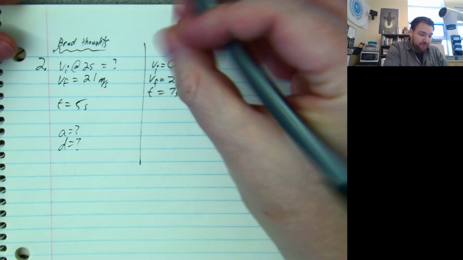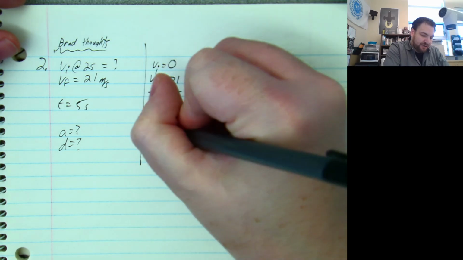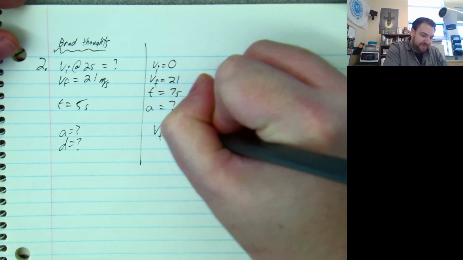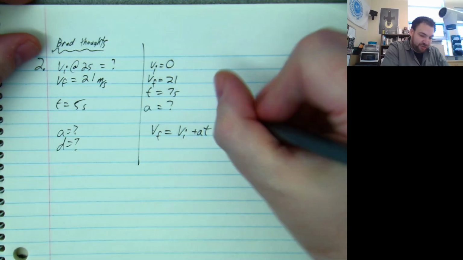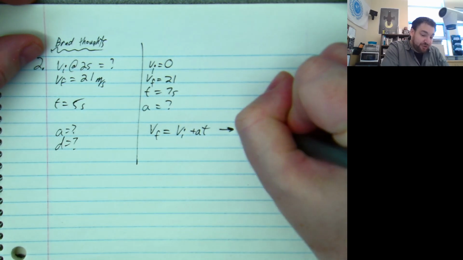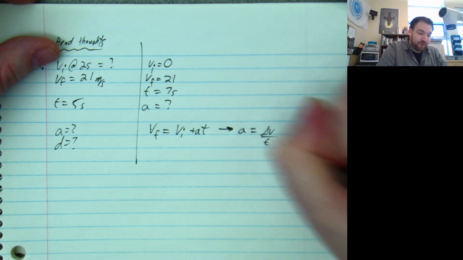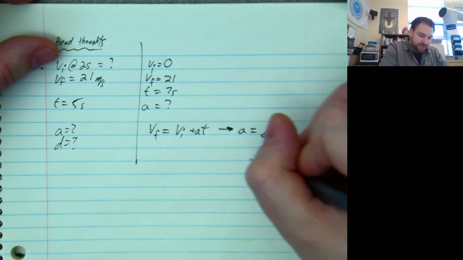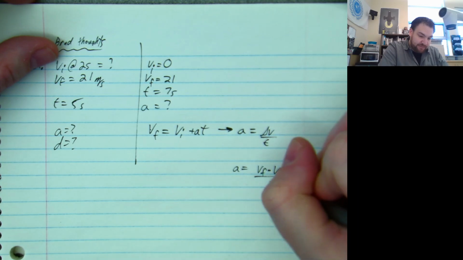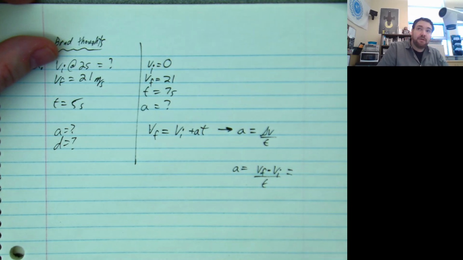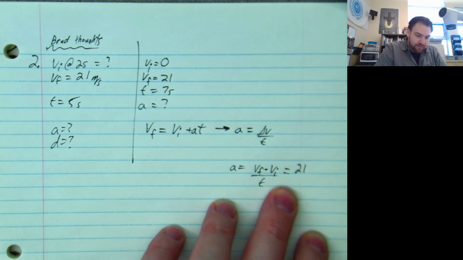So if I use this to find A, VF is equal to VI plus AT, or we could just use the definition for acceleration. When I first introduced the idea of acceleration, it is the change in velocity over the change in time. So the acceleration is going to be VF minus VI over T. If we plug in, VF is 21.